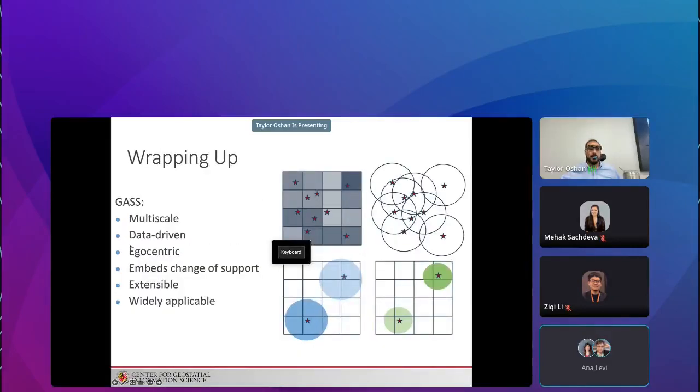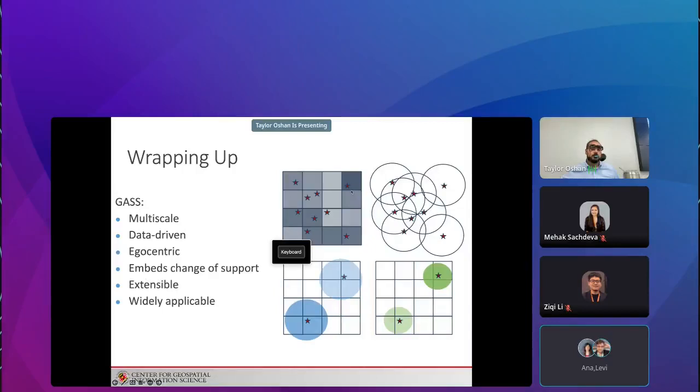So then just to wrap up, what is the GISS method? It's multiscale. That's the bottom part of the figure here. So each variable that we're smoothing can be smoothed at its own scale. It's data driven. So we're using the regression itself to estimate what the appropriate scale is, when oftentimes these types of buffers or thresholds are just chosen out of convenience or arbitrarily.